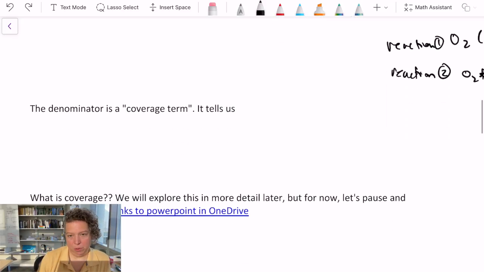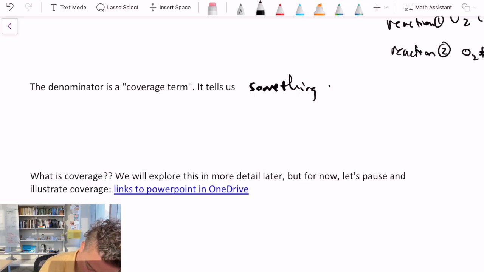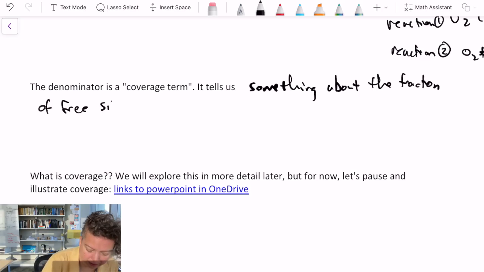That's going to be important because those are the ones where the reaction can take place. So this denominator term is actually a coverage term. It tells us something about the fraction of free sites on the catalyst surface.